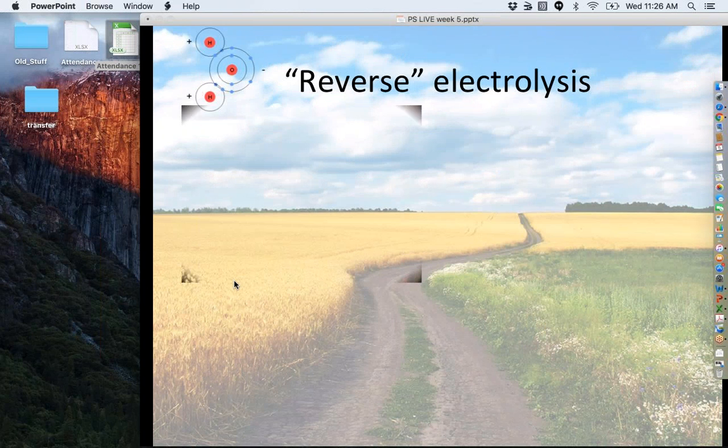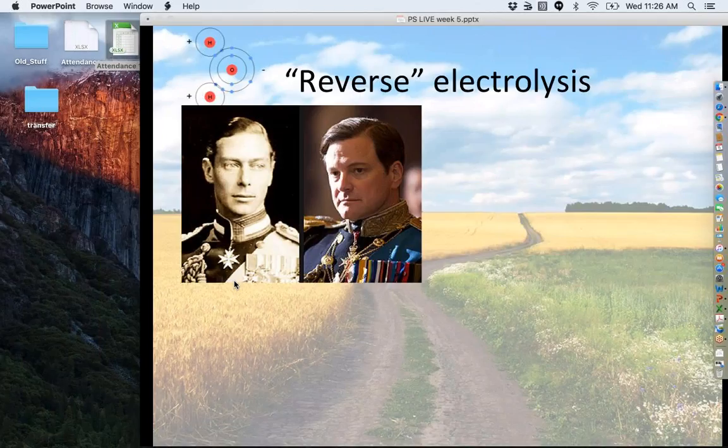And then you all remember reverse electrolysis. I think maybe I had this in the slideshow because I didn't go through it before, but people were getting ready to head to King George VI's coronation, because his brother stepped down because he was in love with some American hussy, and he didn't want to be king anymore. He'd rather just love her for the rest of his life.